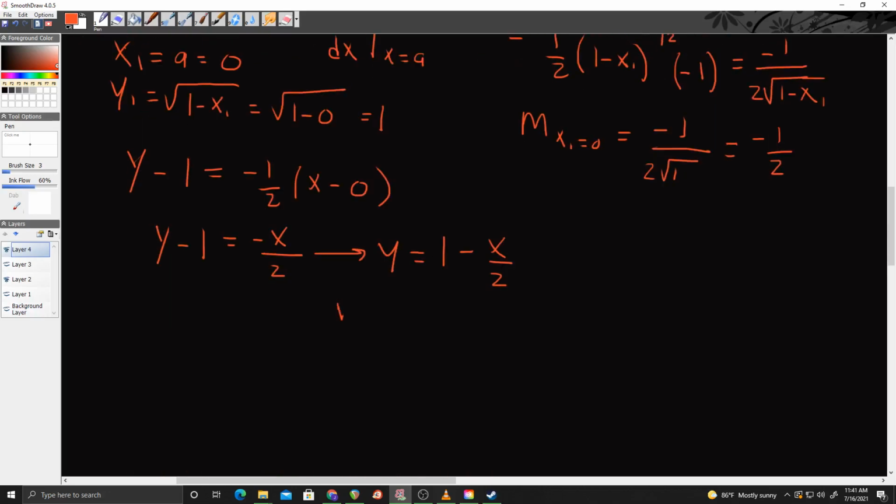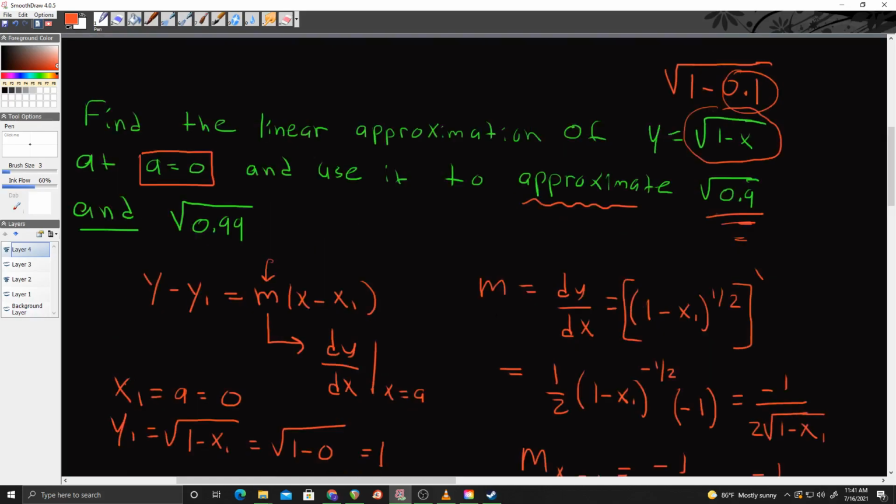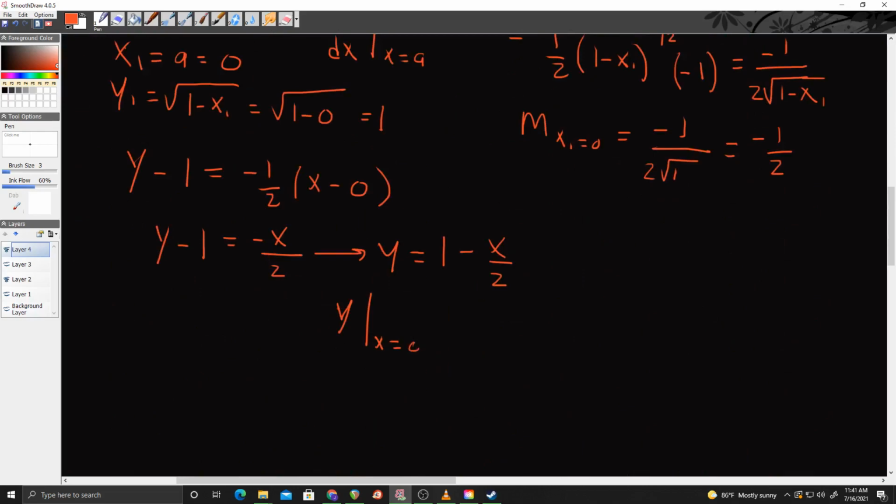So we are going to evaluate this at x equals 0.1. And we get 1 minus 0.1 divided by 2. And what is 0.1 divided by 2? Well, that's going to be 1 minus, and then 0.1 is 1 over 10, and then it's basically times 1/2, right?